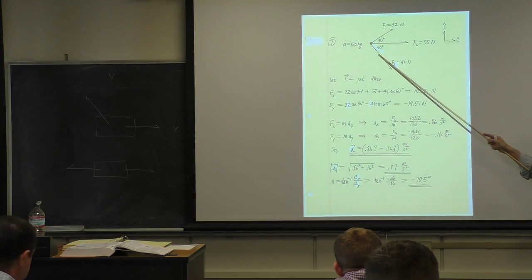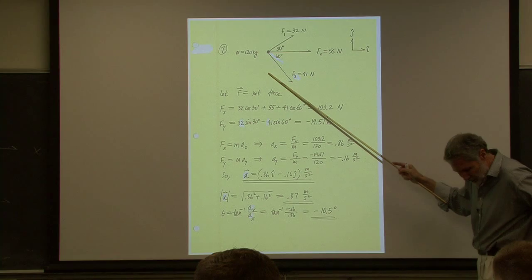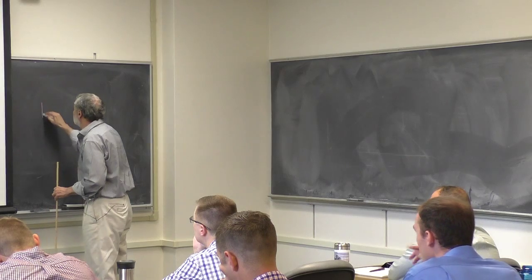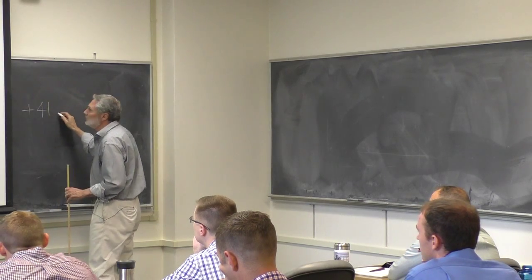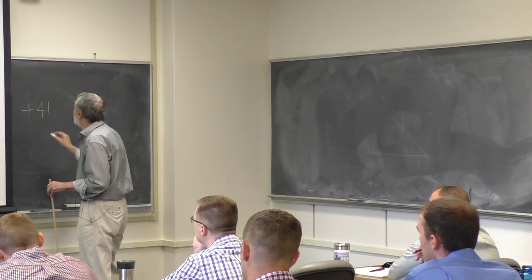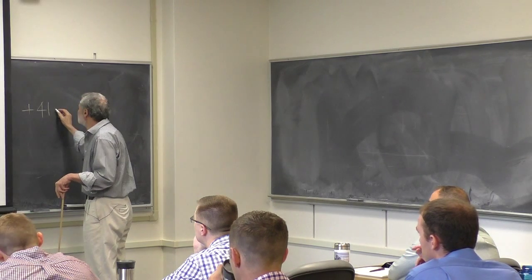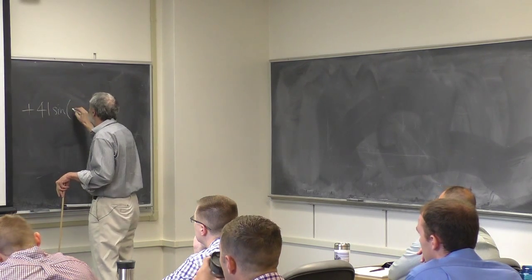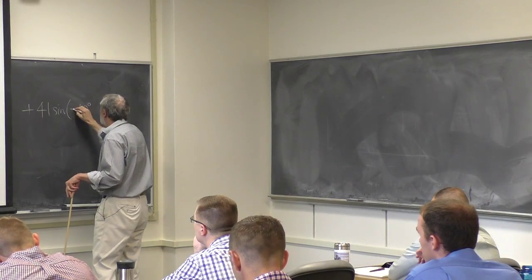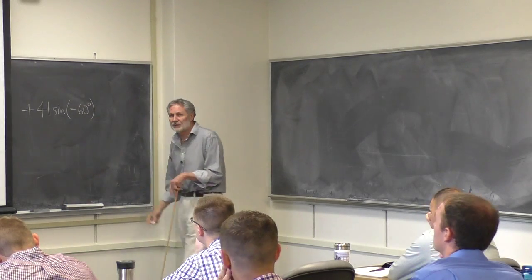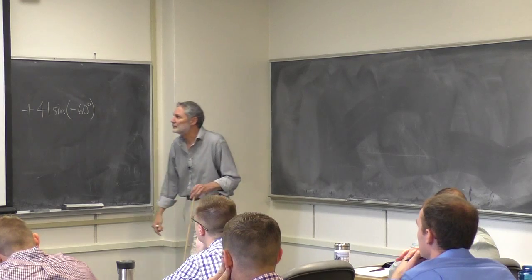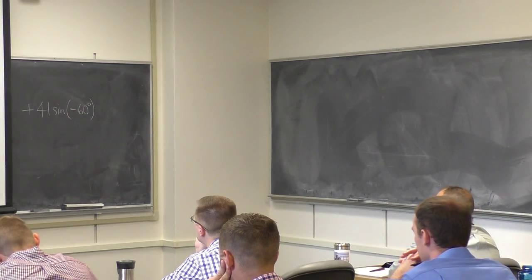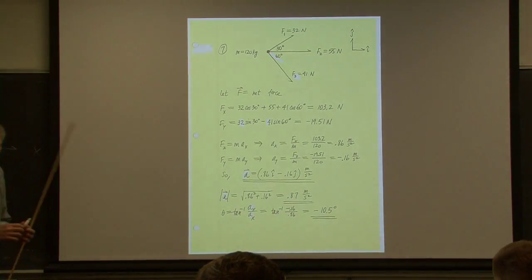If you want to think of this as being negative, then you would write plus 41 times the sine, and you're going to get the same, it's going to be negative. Okay, so there are 2 ways you can do it. So we get a number here, it's negative.